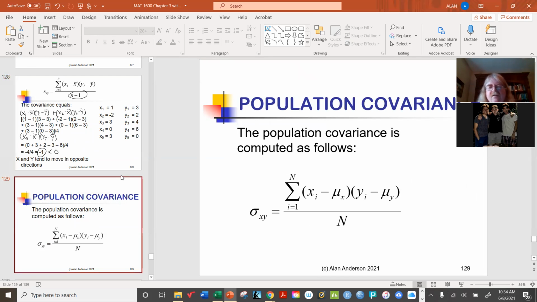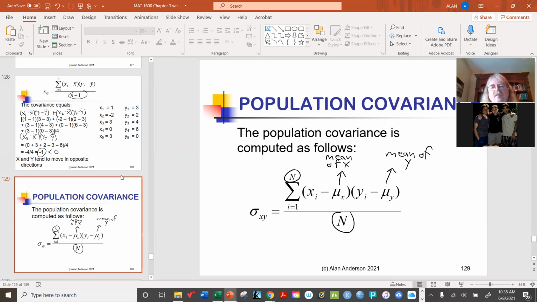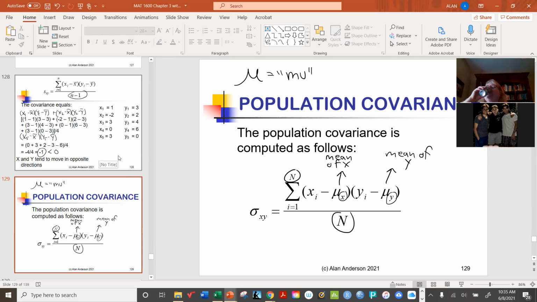Okay, so now the capital N's I mentioned, the Greek letters, this is the mean of X. This is the mean of Y. And if you notice, these are the Greek letter mu. Remember yesterday, we used this as a population mean. Because there's two populations now, we need some way to tell them apart. So we're going to have this subscript here that we did not have yesterday. Okay, so when there's two or more population means involved, we do need to keep track of them somehow, and that's done with a subscript.